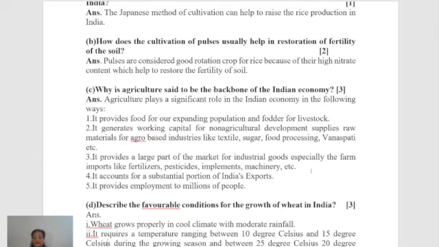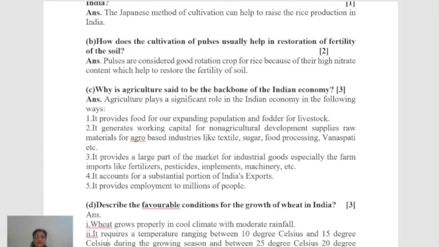So ultimately, by agriculture, we are giving a chance for all these industries to develop, because we are demanding all these things which are required in the agricultural fields, right? In this way it helps in further developing other industries.